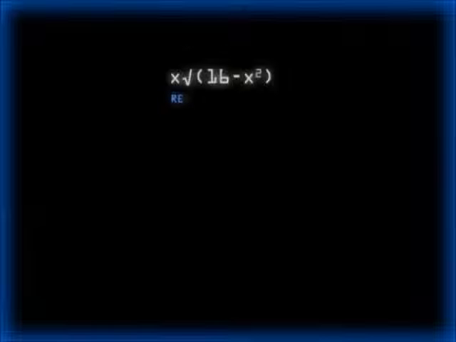First let's rewrite this function, which makes it easy for ourselves to find the derivatives later on. Let's name it g of x, and it will be equal to x times 16 minus x squared, all of that to the power of 1/2, which is equal to the square root.